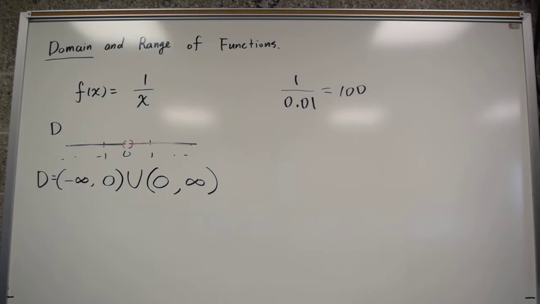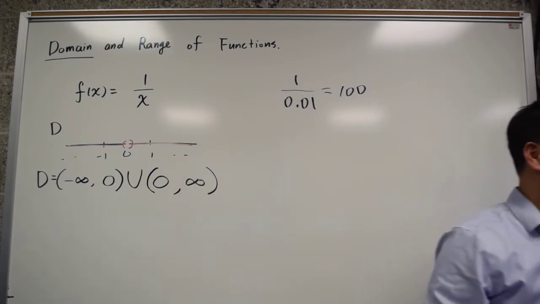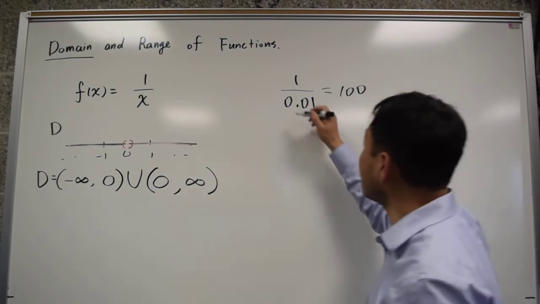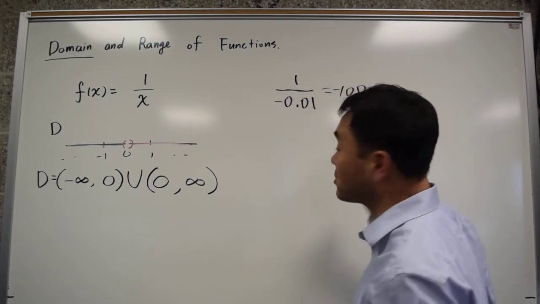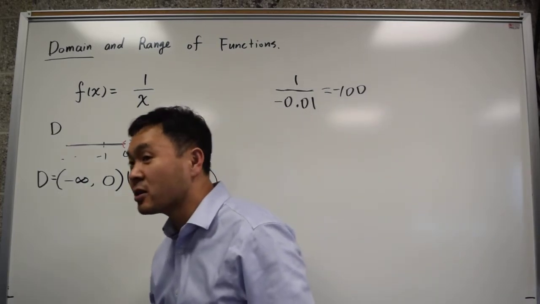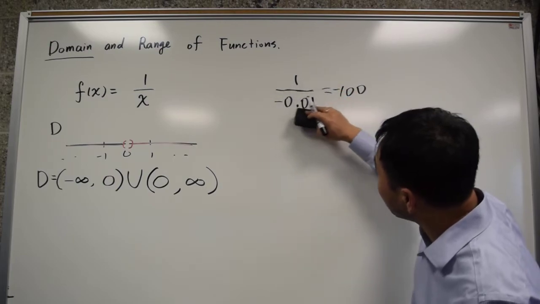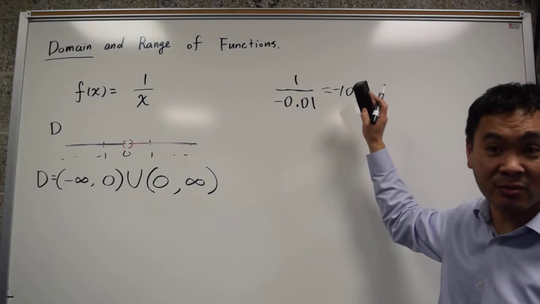Can you plug in some value in here to get a negative 100? Negative 0.01? Yeah, negative 0.01. So if you plug in negative 0.01, you're going to get negative 100, right? So now you see that you can kind of figure this out to generate any positive number or any negative number.